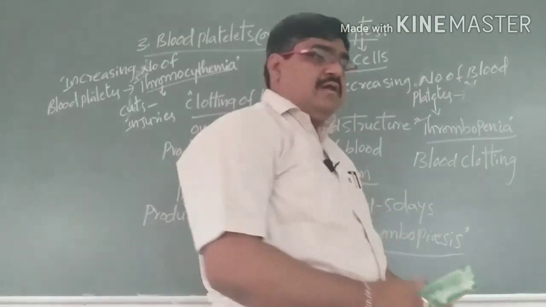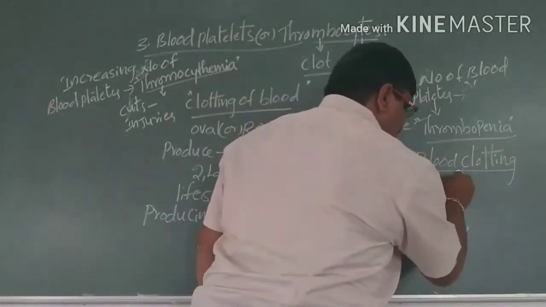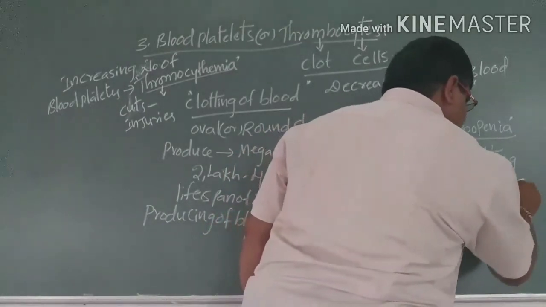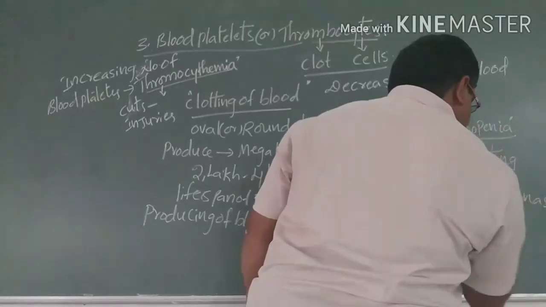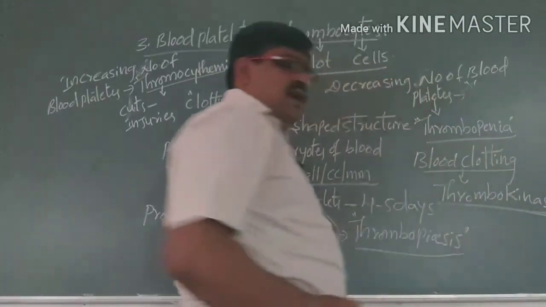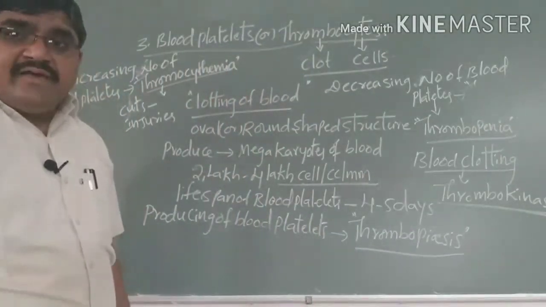For blood clotting, there is an enzyme called thrombokinase. In the presence of the thrombokinase enzyme, the clotting of the blood takes place.